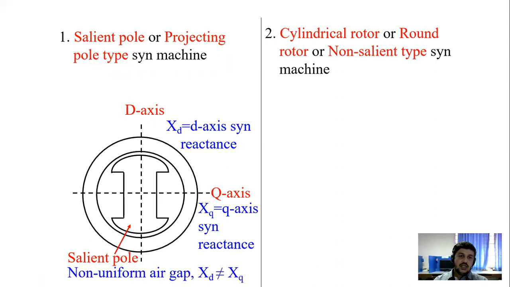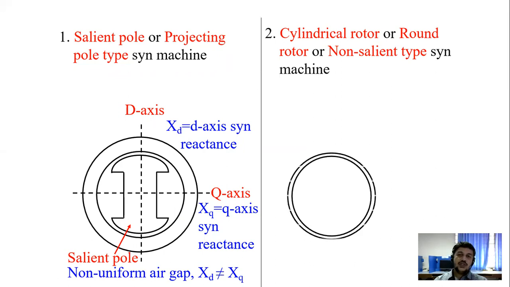Now here the air gap is non-uniform. If you look at this structure, at the rotor pole the air gap is minimum, while the rotor poles are absent in this section, so the air gap is maximum. As the air gap is non-uniform, XD and XQ are unequal. Now let us see the cylindrical rotor machine.